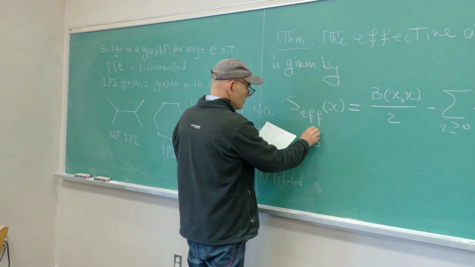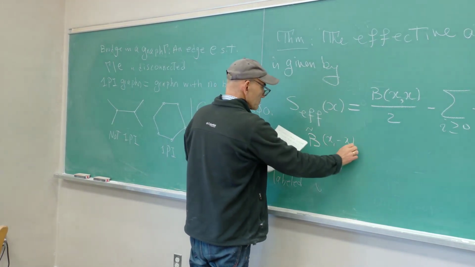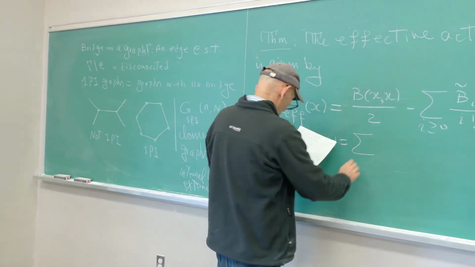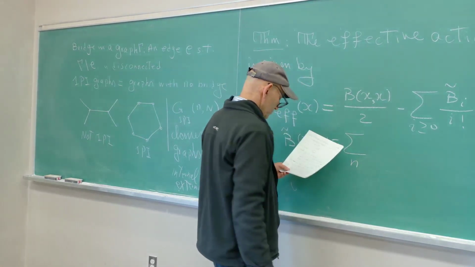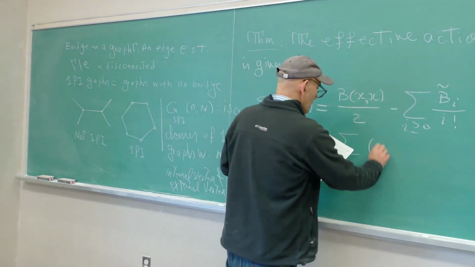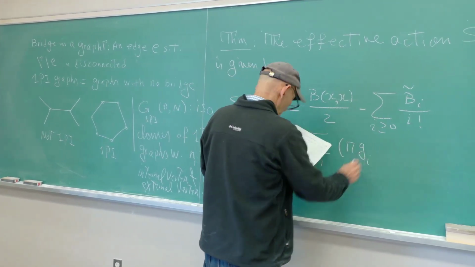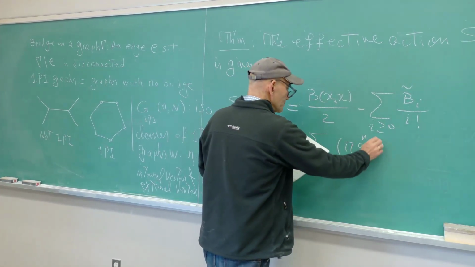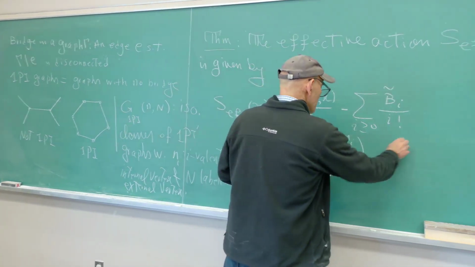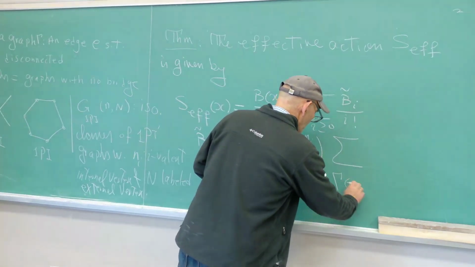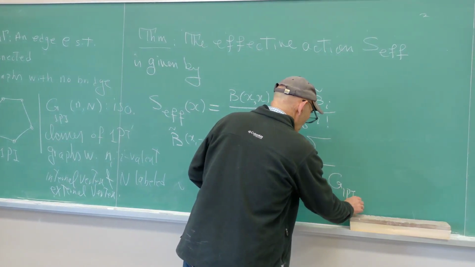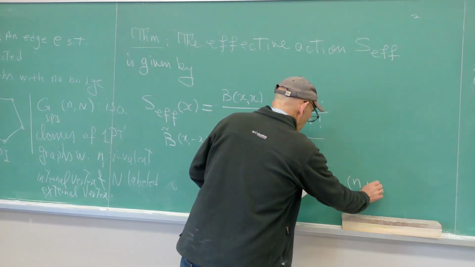So b tilde xxx is equal to sum over all multi-indices n, as in Feynman's theorem, by ji to the ni. And then sum gamma belonging to G 1 pi n.